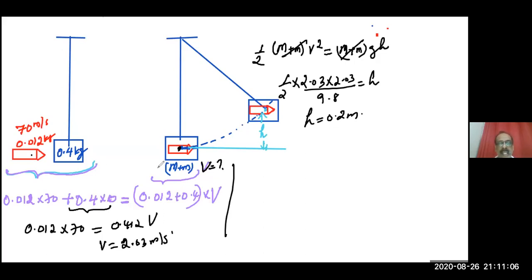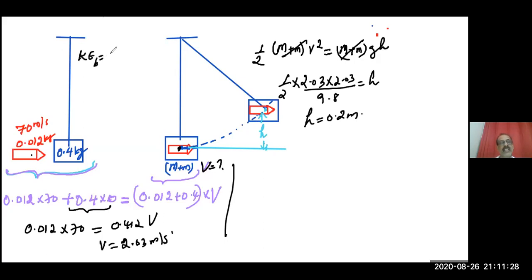Now, how much energy is lost in the form of heat during this collision? That means before collision, only the bullet has energy, right? Yes, sir. After collision, that becomes the total energy for both of them. So we have to write here the kinetic energy of the bullet.